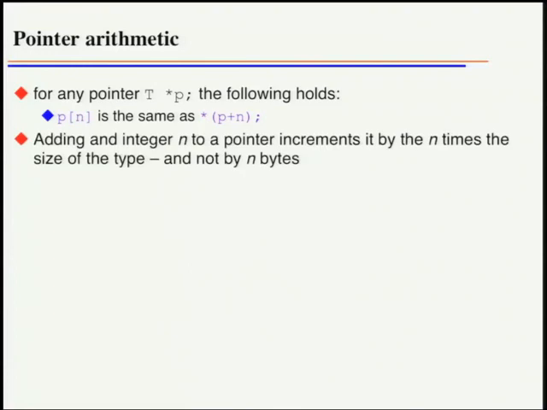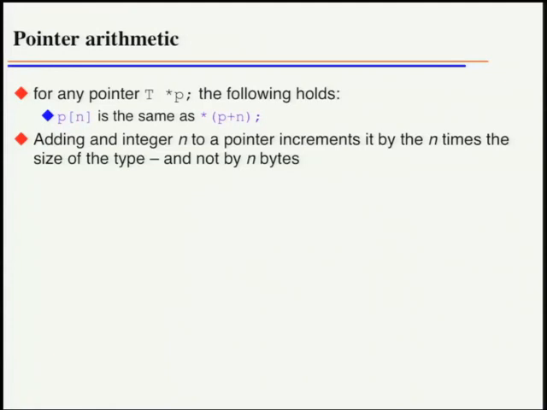Note that adding an integer n increments it by n times the size of the type. So the language knows you have an array of integers, and then a pointer 2 behind the start of the array will give you the third integer within that array.